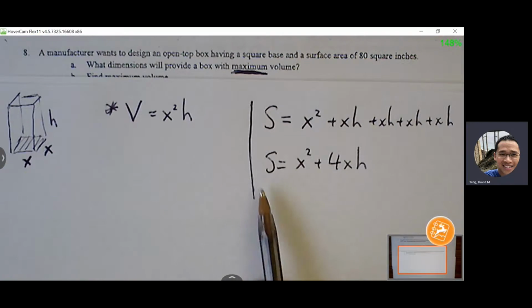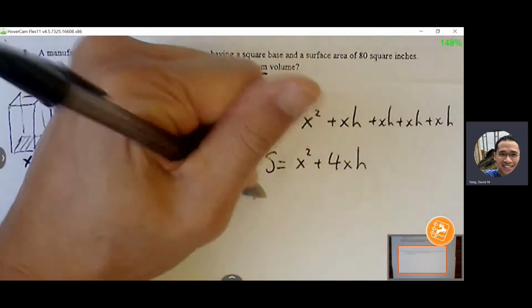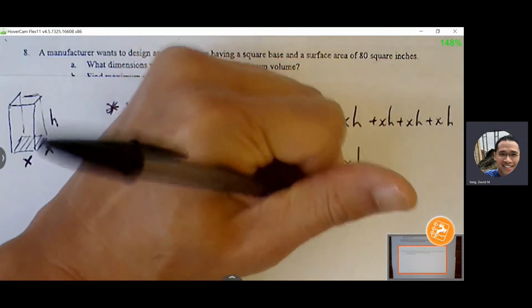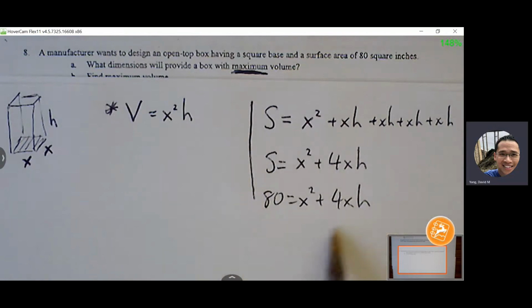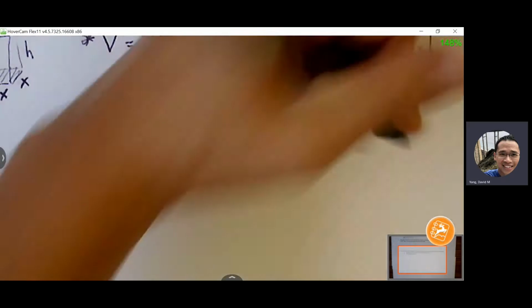All right, what do we know about surface area here? It's 80. Okay, so there's our supporting equation. We want the h to disappear, so let's solve for h, and then we're going to slowly insert it into our volume equation. Get that h by itself.